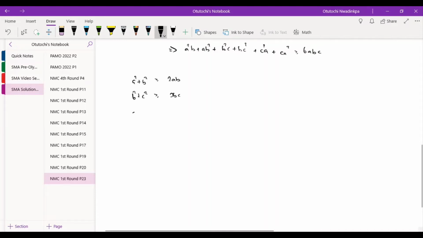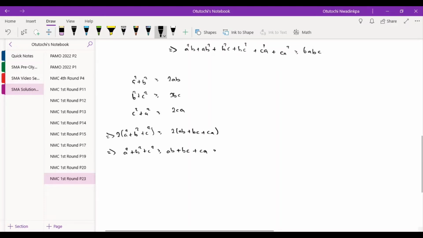And also C squared plus A squared is greater than or equal to 2CA. So this implies that 2 times A squared plus B squared plus C squared is greater than or equal to 2 times AB plus BC plus CA. And of course, this implies that A squared plus B squared plus C squared is greater than or equal to AB plus BC plus CA.